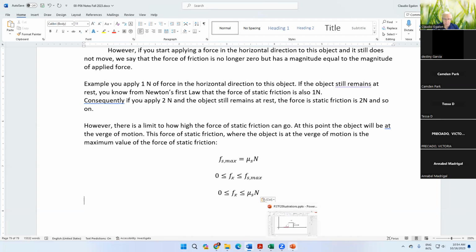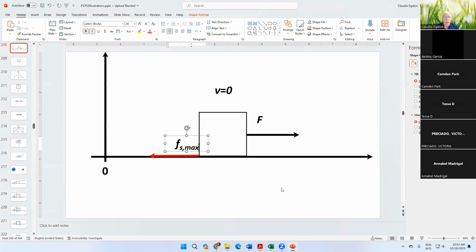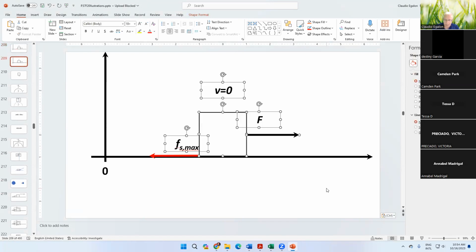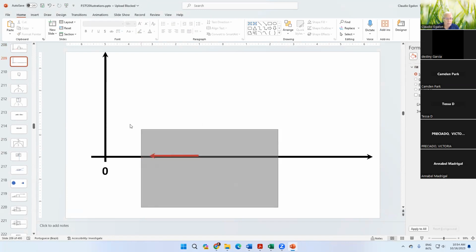Graphically speaking, that's what we usually do. In a graphical sense, we have the following.